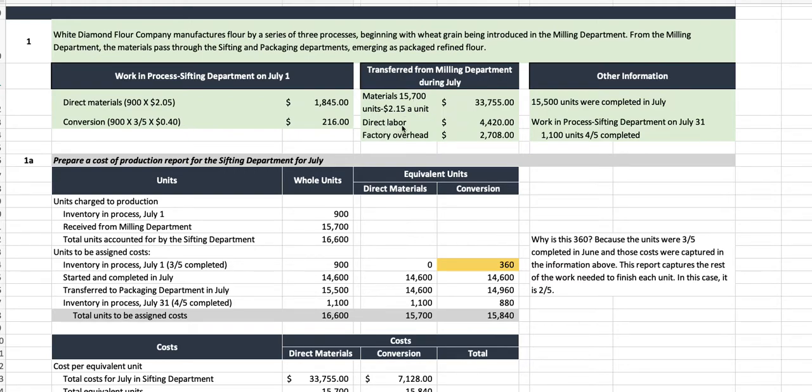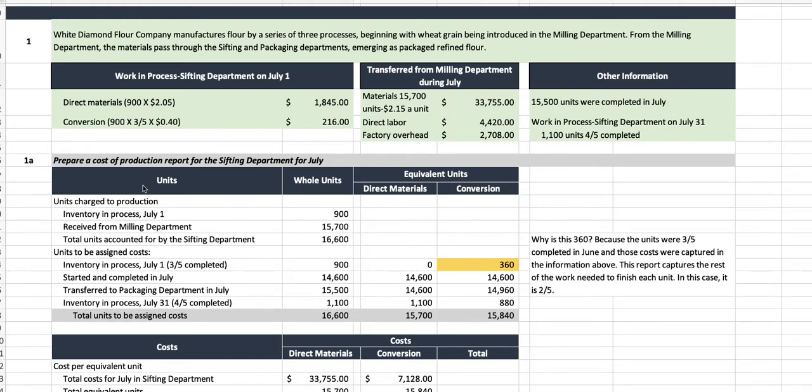We also have direct labor costs that are transferred and factory overhead. At the end of July, we see that our work in process is 1,100 units and that it's only partially complete. Throughout the whole month of July, we see that we've completed 15,500 units. So let's use all of this information to prepare a cost of production report.